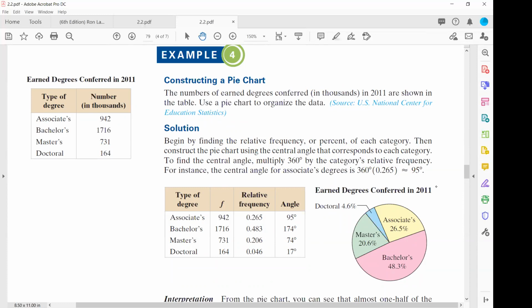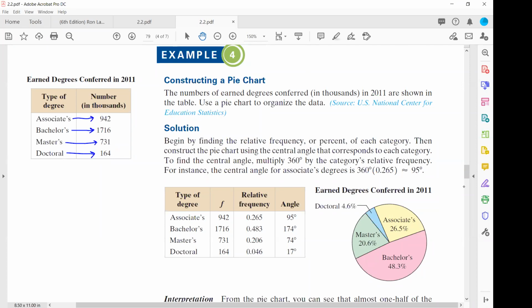The frequency or the count for each category is listed next to that category. Associate's degree, 942; bachelor's, 1716; master's, 731; and doctoral, 164. Your goal is to visualize this collection.